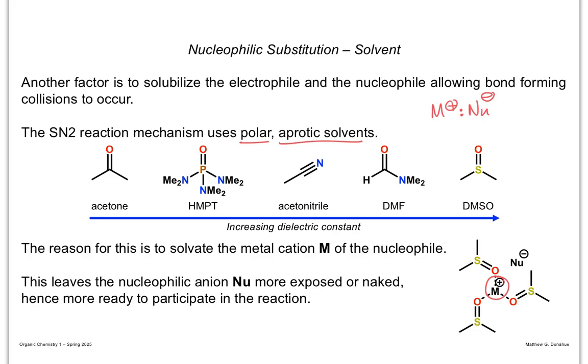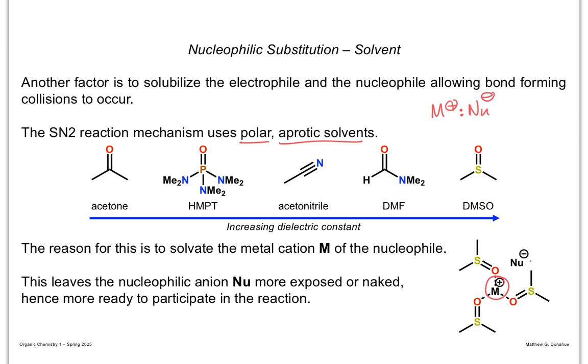And so what this picture shows, very crudely, is here you have a salt, right? Cation, anion, that's an ionic bond. They're close together. When you put it in the solvent, the solvent crowds around the M. That leaves the nucleophile more exposed. And why is that important?